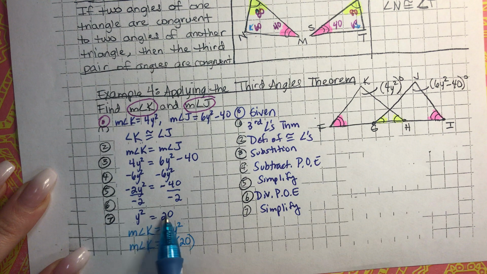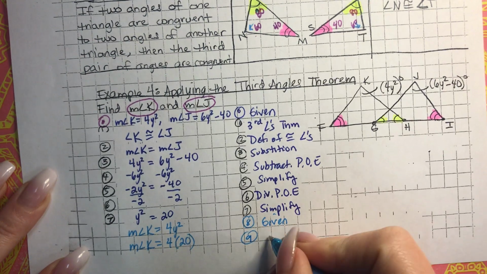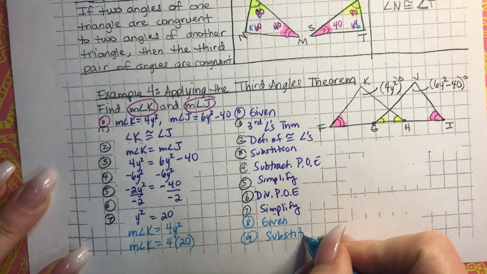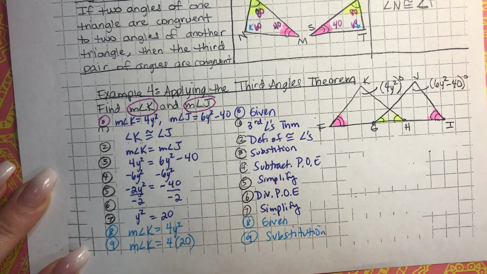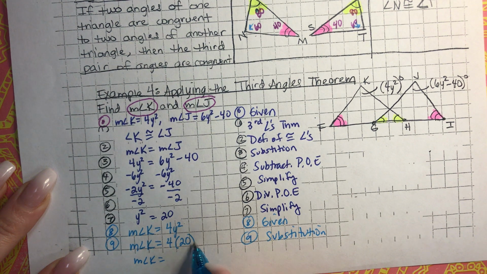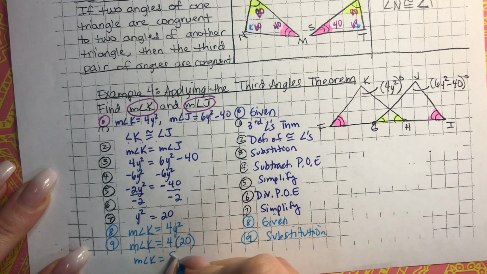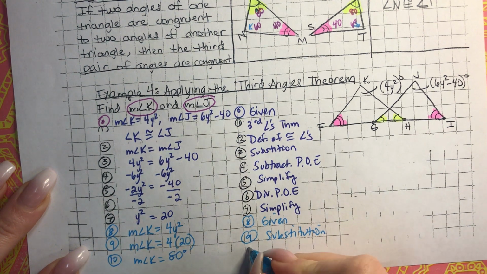Because we know y squared is 20, we just substituted in. So this was given, and then this was substitution. Then just simplify and we get measure of angle K equals 80, right? So that's simplify.